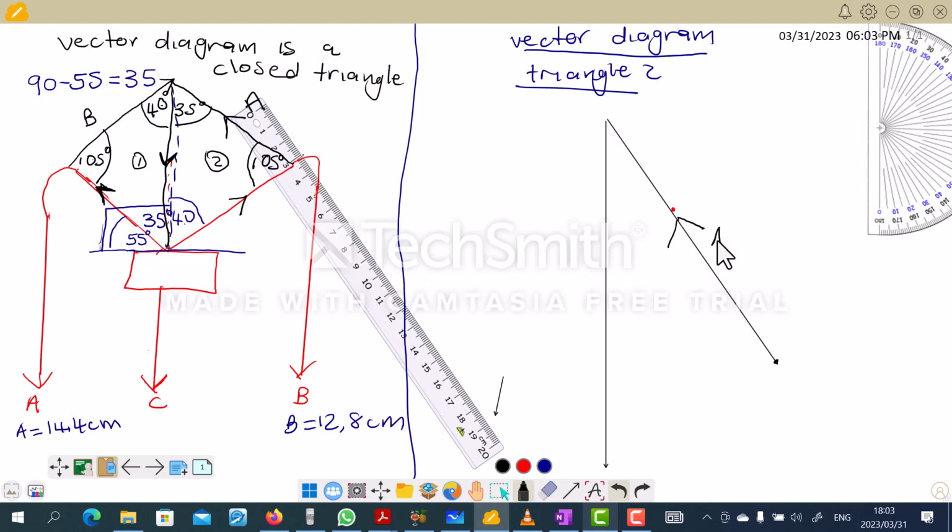So you label your vector as A, which is equal to 14.4 Newton. That is the magnitude of this vector. And the angle between C and A, you label it as 35. Remember, that's what they said in the question.